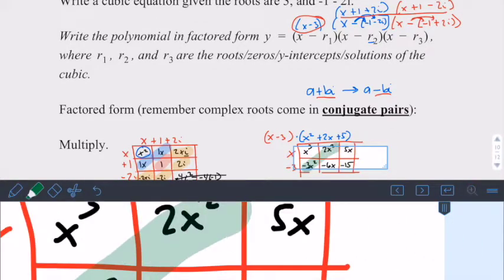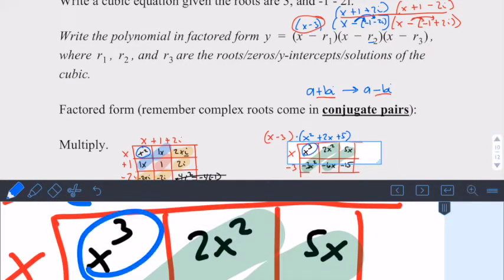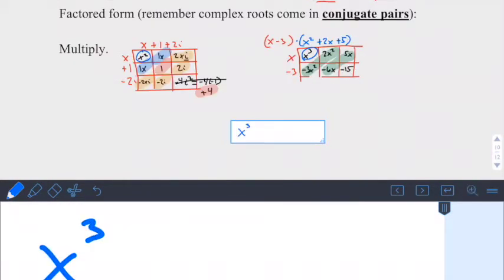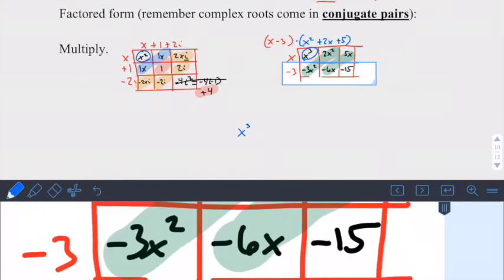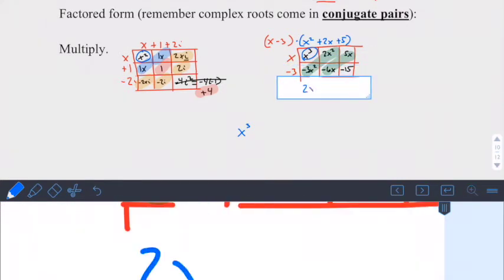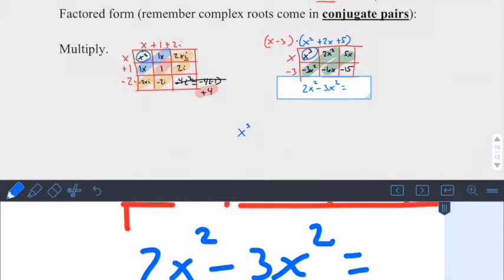Well, here are like terms, and here are like terms. So I have x cubed, 2x squared minus 3x squared. Combine like terms, -1x squared.